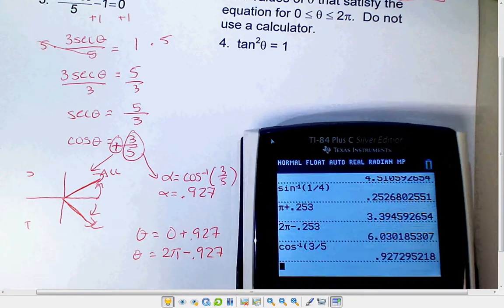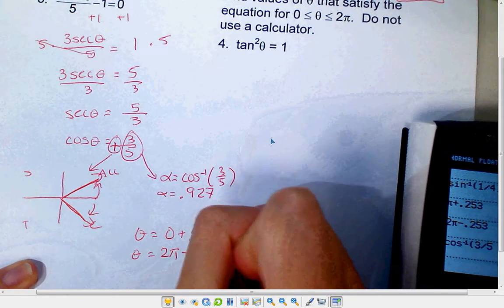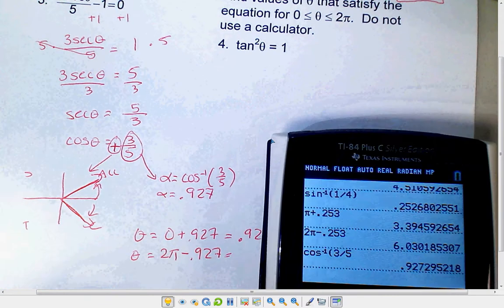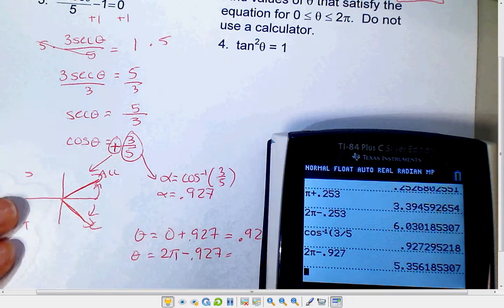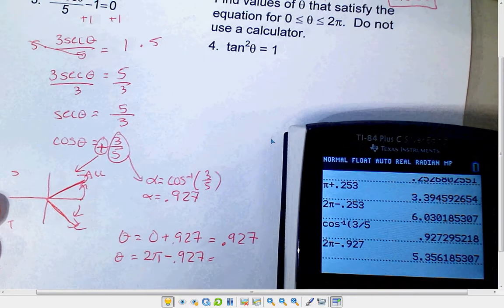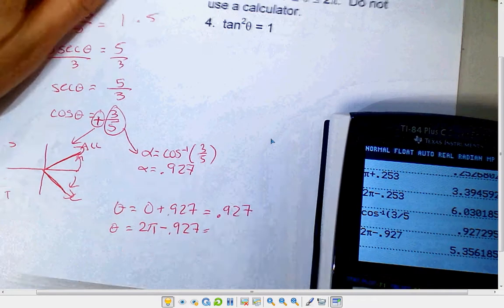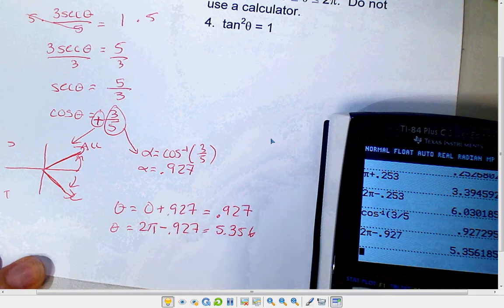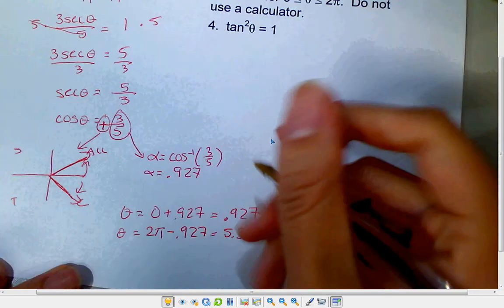So let's get our answer. 0 plus 0.927 is just 0.927. 2 pi minus 0.927 gives us 5.356. So again, there are our two answers.